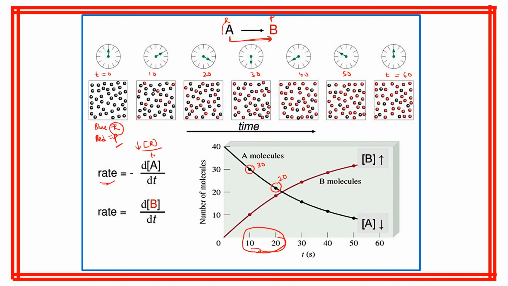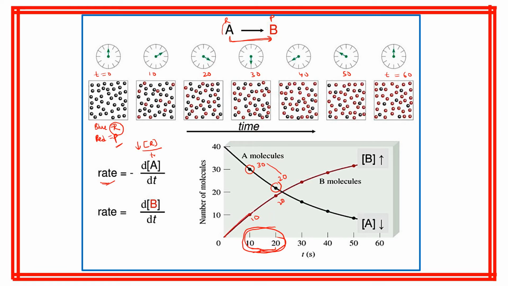Now what is the rate of reaction with respect to reactants? The change in the concentration of reactants with respect to time is called rate of reaction. Similarly, for products, at the same time, the change in the concentration of product: here 10, here 20.